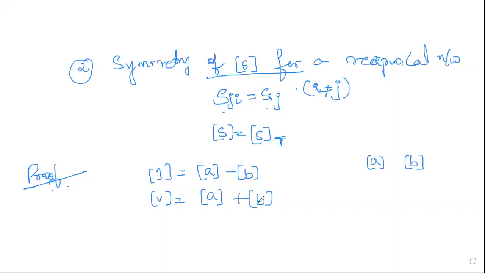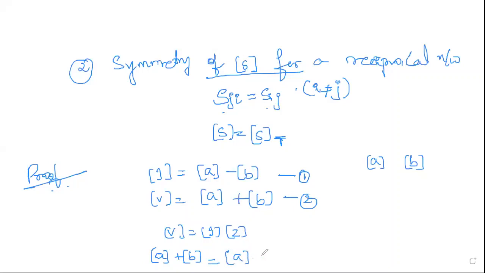Writing in terms of impedance, V is equal to I into Z. Substituting these equations, the equation will be matrix A plus matrix B equal to matrix A minus matrix B multiplied with Z.